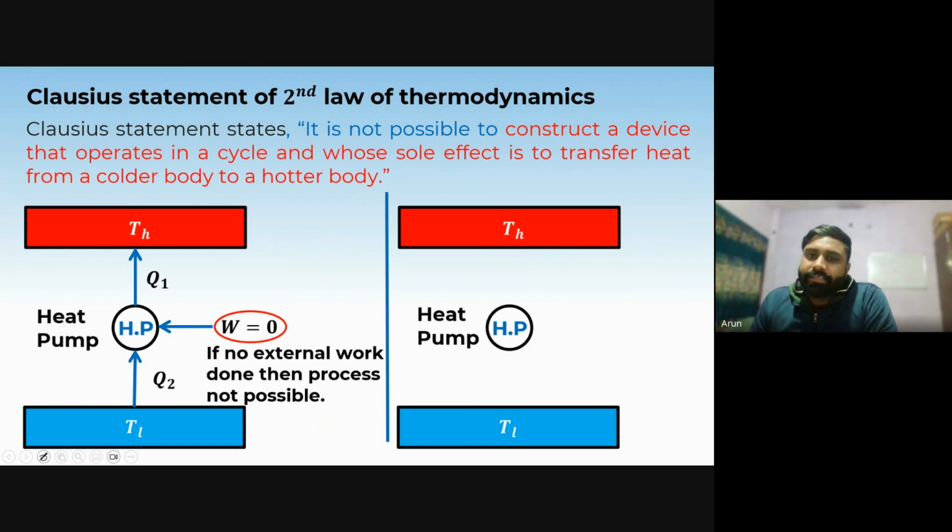Yes, we can make it, but we have to do some work in that. So Q2, Q1, then we have to provide an input work so that by doing some work, it can transfer heat from colder temperature to hotter temperature.